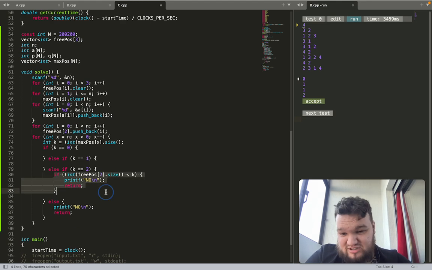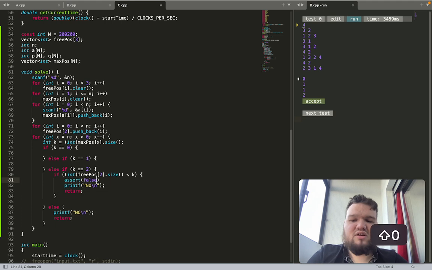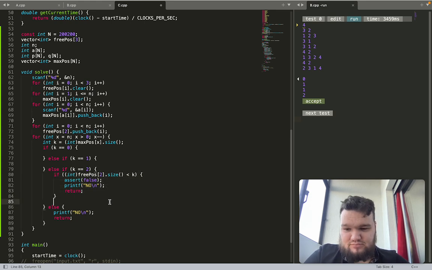It's actually impossible to get here, we can put assert false here, because we know that the size of the sink decreases only when we put a new maximum, and the total number of maximums is n, so it cannot become negative. But it kind of makes sense. Otherwise, we just take two positions from it.